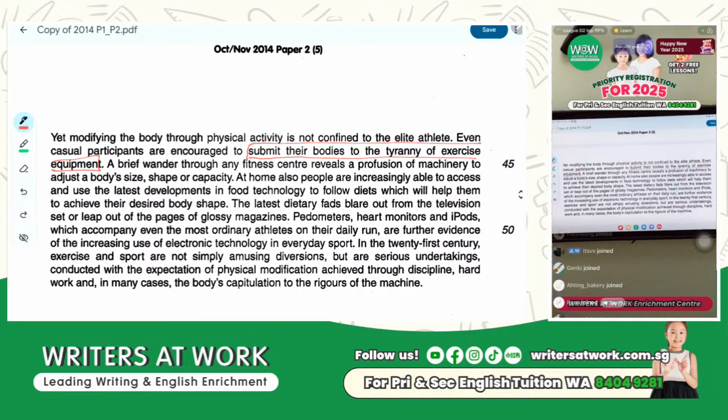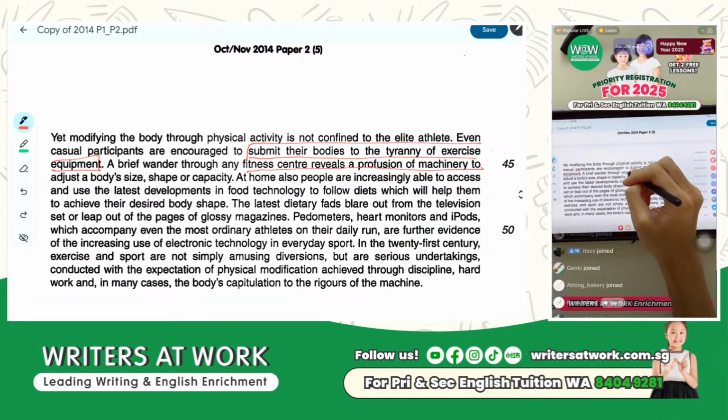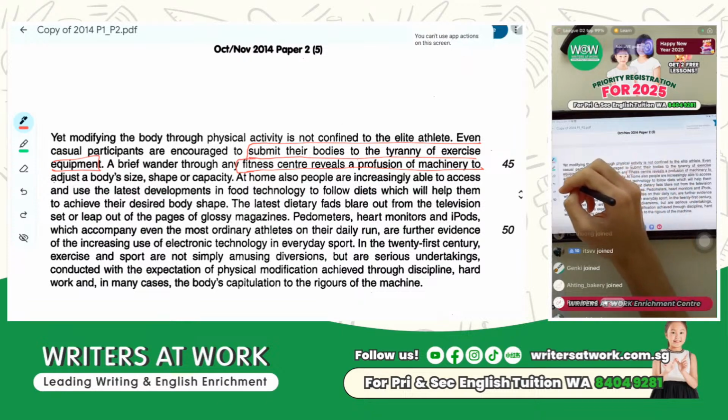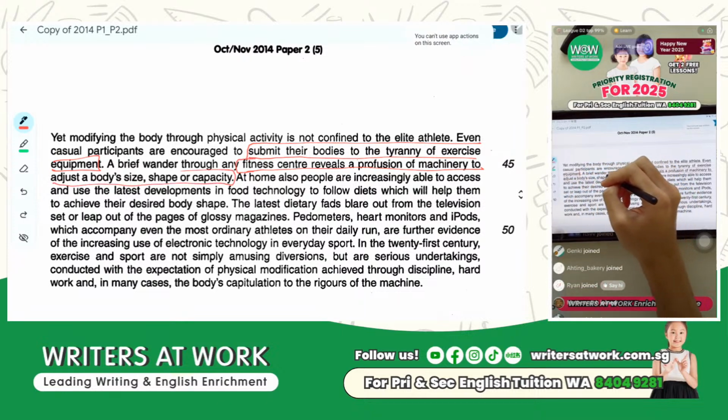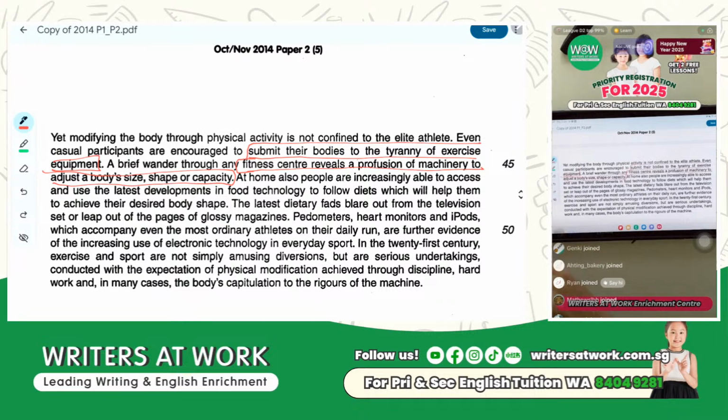What's the effect? The effect is people become very addicted to it. It also talks about how all your gyms have a variety of this machinery. You're trying to help people be fit, and there are many ways to do it. So exercise machines and gym equipment is one.